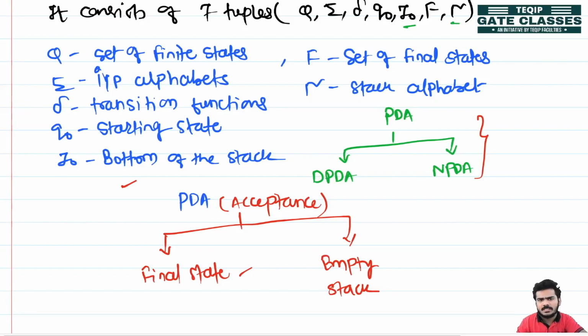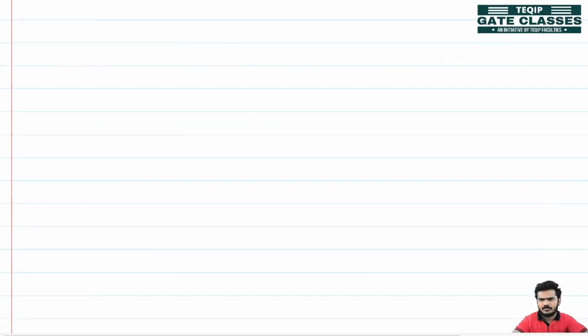Now we will discuss the transition function. We have to focus on the transition function based on whether it is a DPDA or an NPDA, that is, deterministic PDA or non-deterministic PDA. So in DPDA the transition function will look like this.